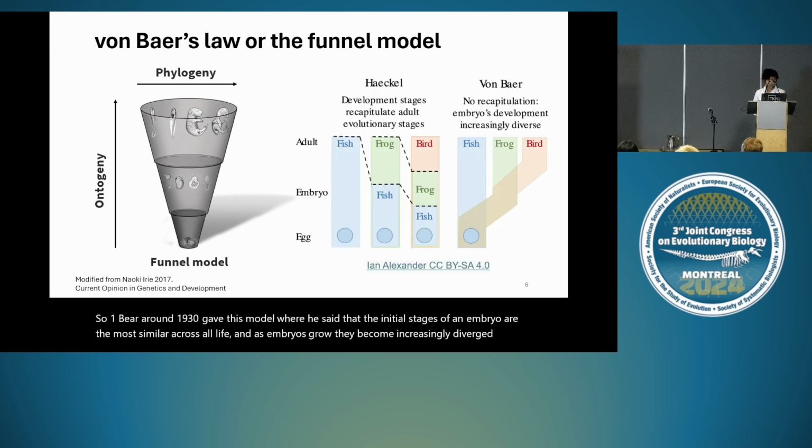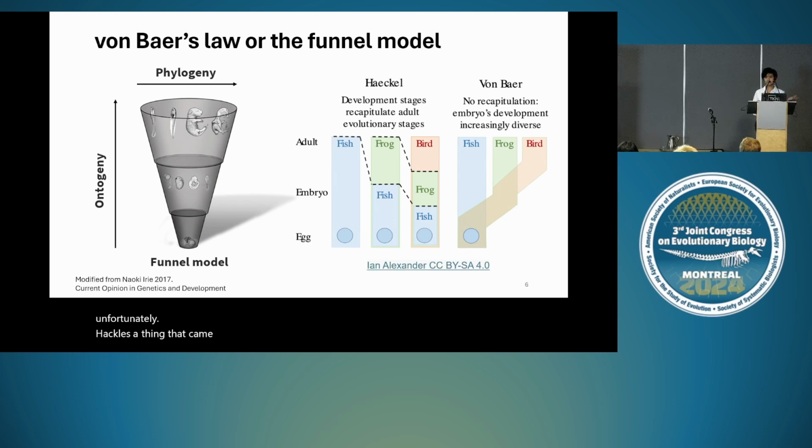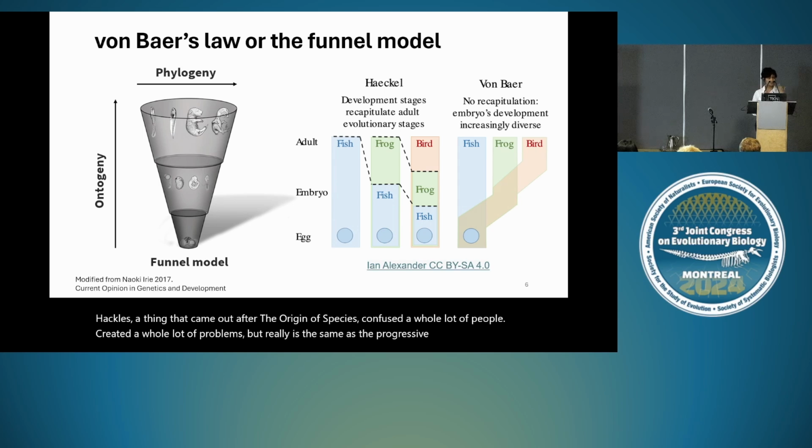But unfortunately, Haeckel's idea, which came out after the origin of species, confused a whole lot of people and created a whole lot of problems, but is not really the same as the progressive divergence that von Baer was talking about, which sometimes is called the funnel model.